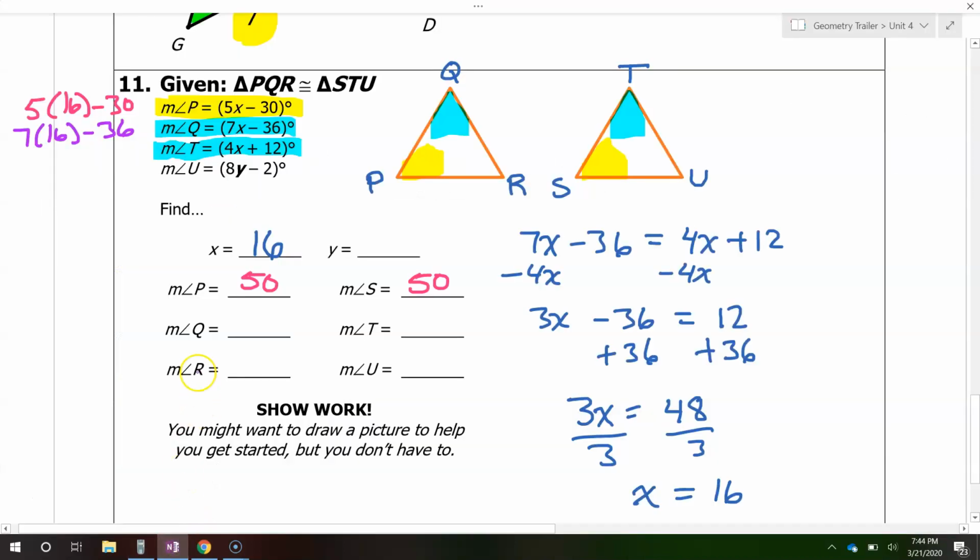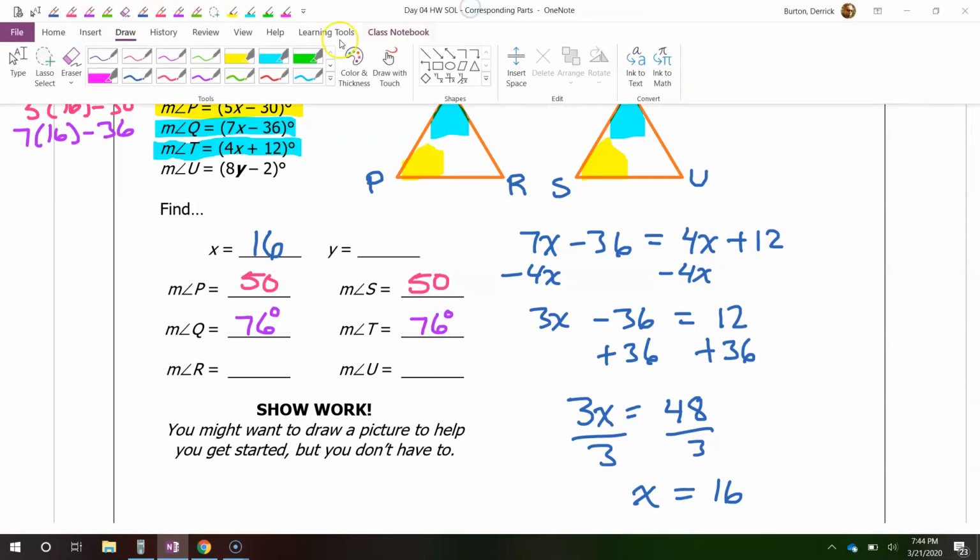That is 76. So angle Q is 76. I should be saying degrees, shouldn't I? But angle Q is congruent to angle T, so these are both 76 degrees.